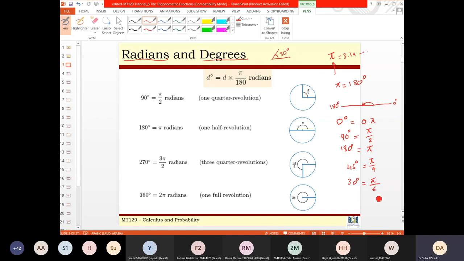If I divide 180 by 6, it's 30. And 60 degrees is pi over 3. And 270 is also one of the famous ones.